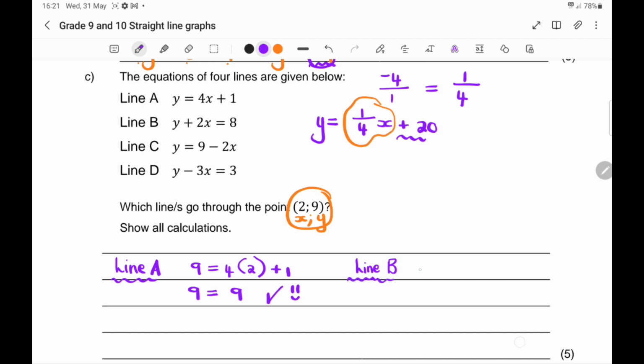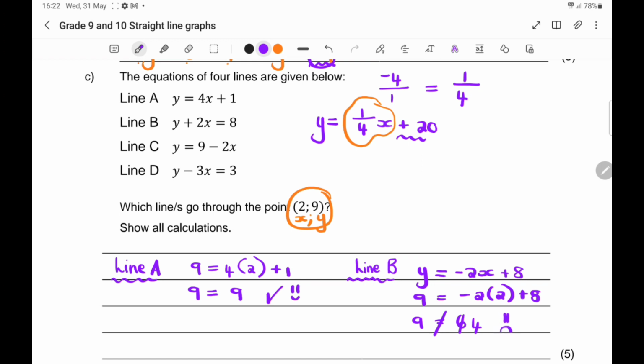Let's try line B. You can reshuffle it if you want. In this case, it wouldn't really matter. Okay, so y is 9 and x is 2. So 9 is equal to negative 4 plus 8, which gives you a positive 6. Negative 4 plus 8 is 4, sorry. But in any case, we can see that the left-hand side does not equal the right-hand side.